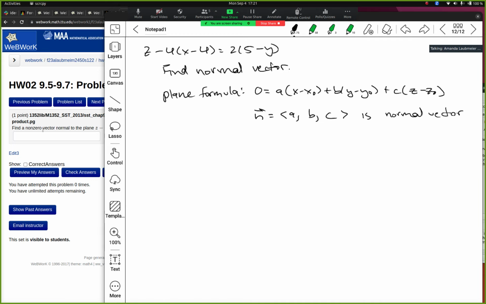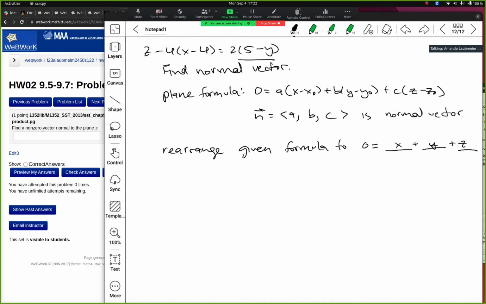So in this case, all we have to do is rearrange this whole thing we're given to just 0 equals your x terms plus your y terms plus your z terms.